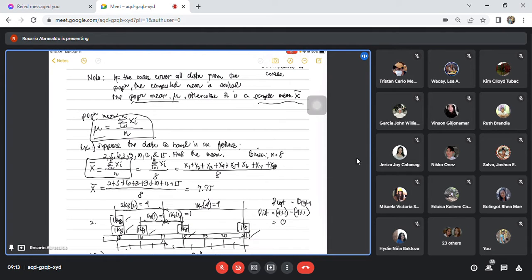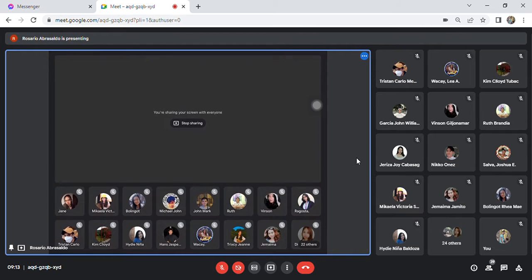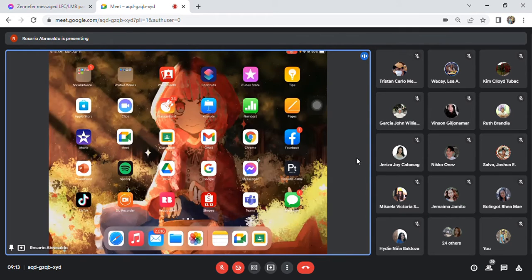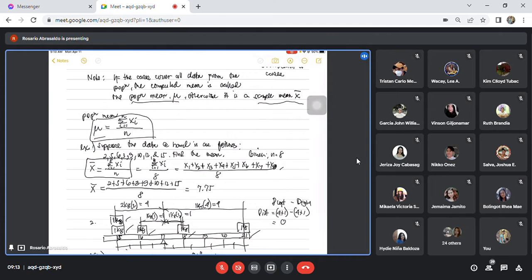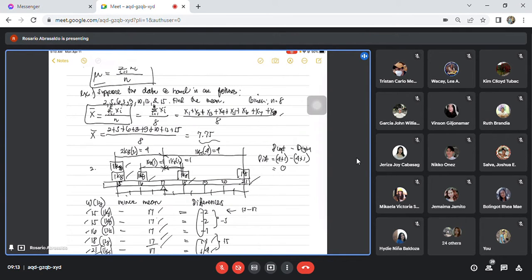We can just substitute x sub 1 up to x sub 8, over 8 as the n. Summing up all the raw data and dividing by 8, we get the sample mean 7.75.